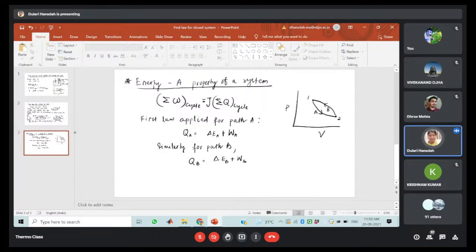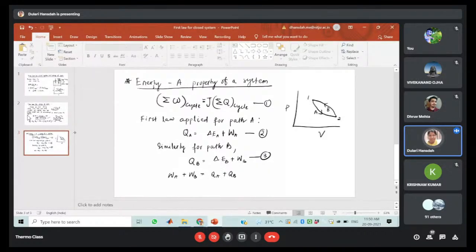Okay. So in this case, I can give the equations as 1, 2 and 3. For the energy transfer within the cycle, we can write these two equations, 2 and 3, in the form of equation 1. Then we will get WA plus WB is equal to your QA plus QB.